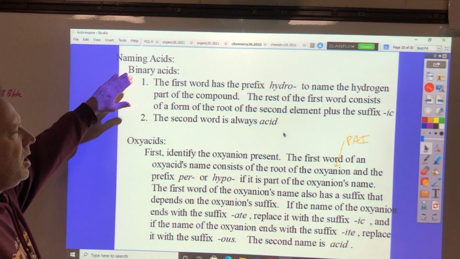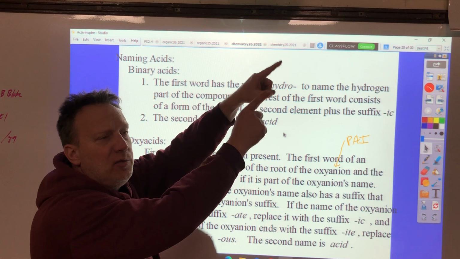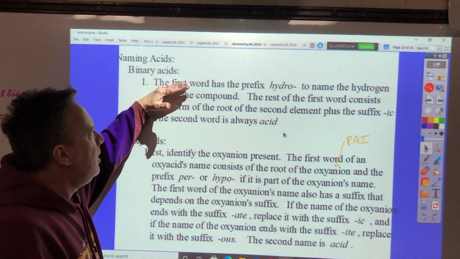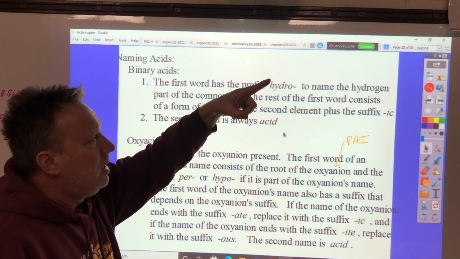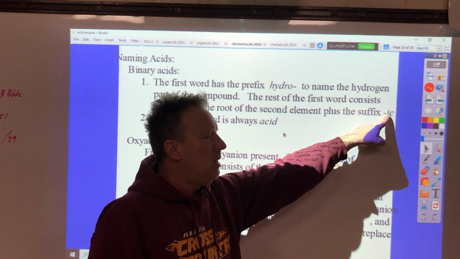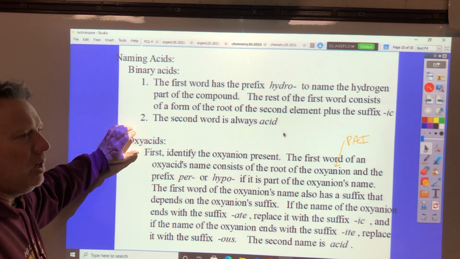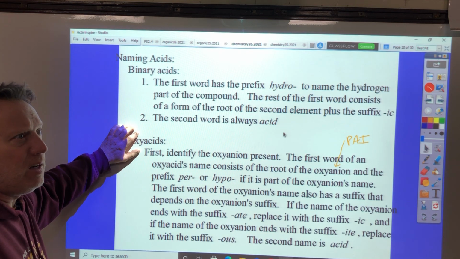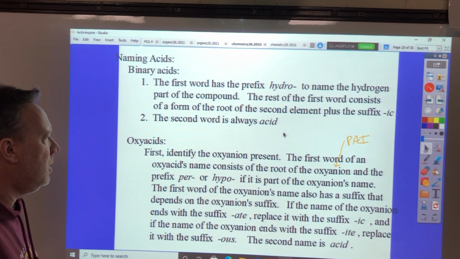So there are 2 kinds of acids. It could be something off the periodic table on that side, like hydrofluoric, hydrochloric, hydrobromic, hydroiodic. And the way you do that is you got hydro, and then the element, and then ic, acid. If it's made out of a polyatomic ion that has oxygen in it, like carbonates, sulfate, there's 2 things you got to pay attention to.